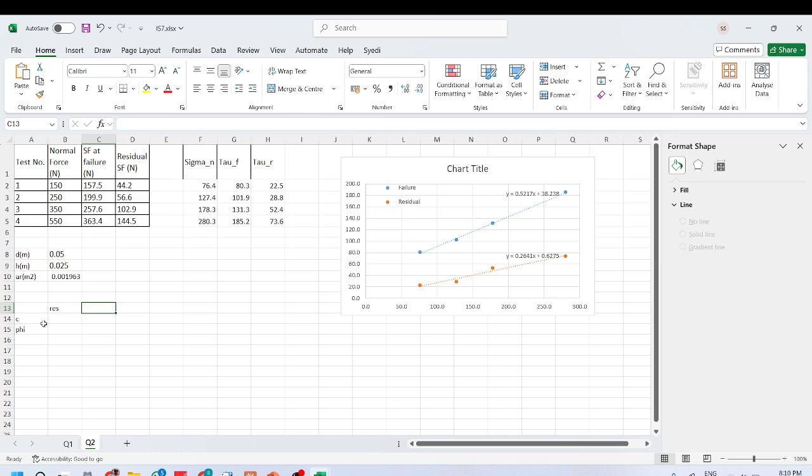For residual, C will be about 0. For this, it's 38.